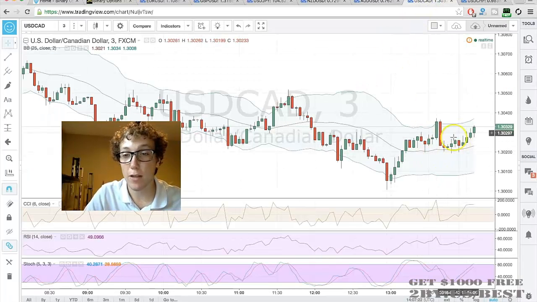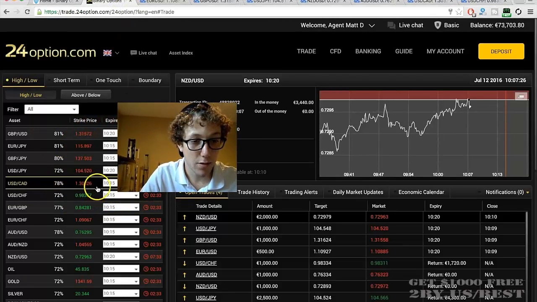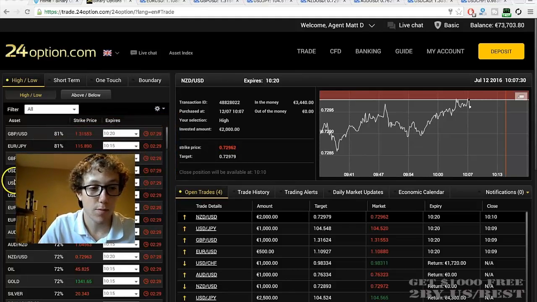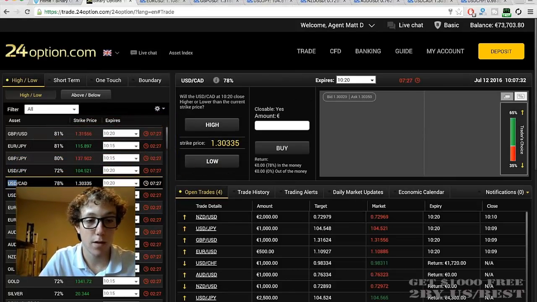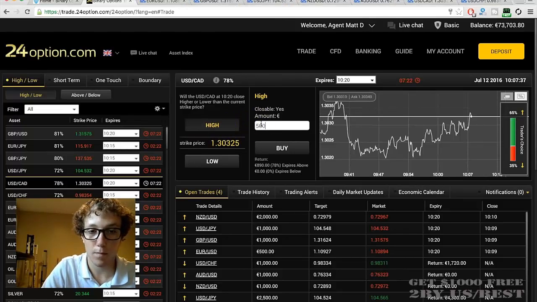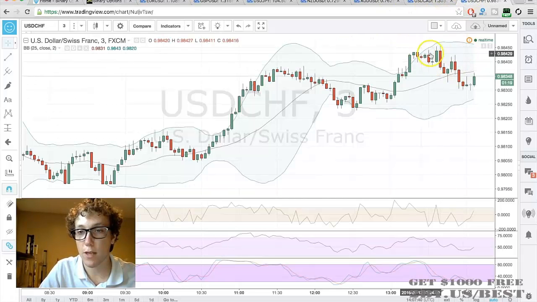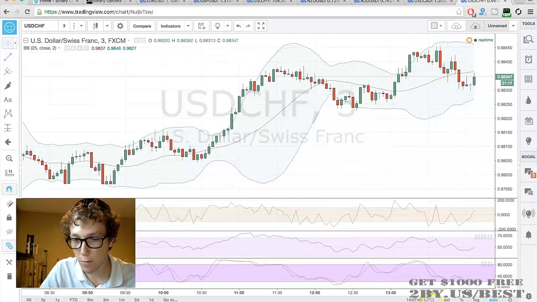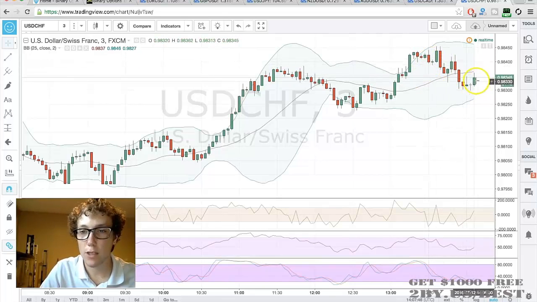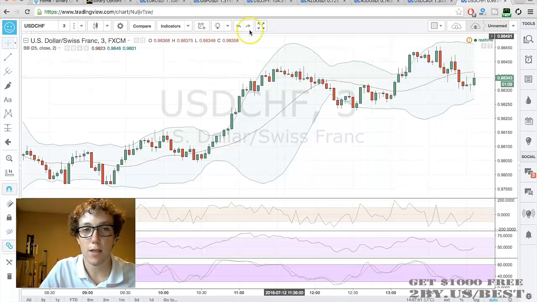The US Canadian dollar is developing a slight uptrend, so we'll take another small trade on the US Canadian dollar for the 10:20 time frame. This would be a call trade. Very nice. Last one, USD CHF has a downtrend developing. This could be a slight reversal here, but I'm not seeing it, so I think it's going to continue downwards.